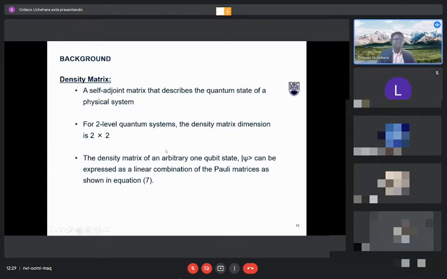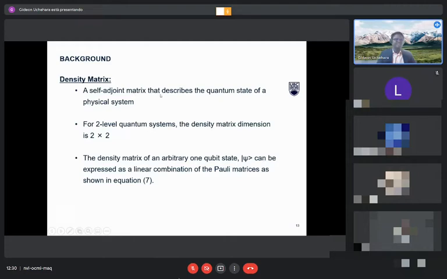Let's say we're given a pure state, psi, and let's remember the psi in equation 1. The density matrix is the outer product between the ket and the bra of psi, that is, psi times its conjugate transpose. That is what this is all about.